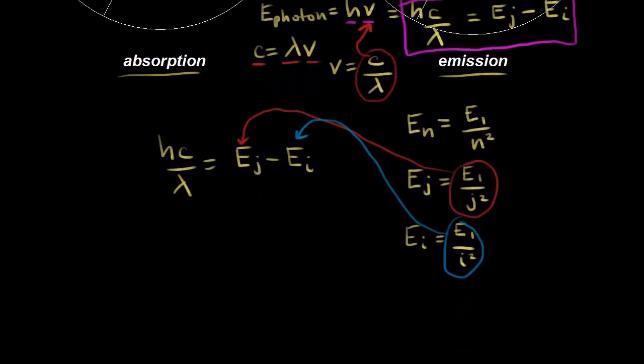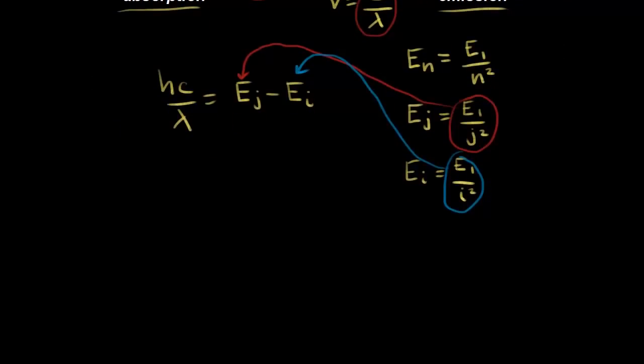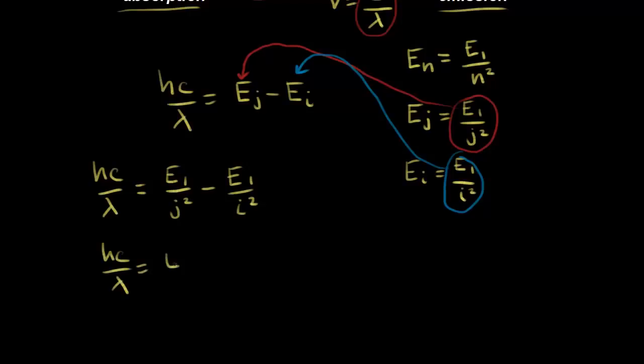So let's once again get some more room and let's write what we have so far. We have hc over lambda is equal to Ej was E1 over j squared, and Ei was E1 over i squared. We could pull out an E1 on the right, so we have hc over lambda is equal to E1 times 1 over j squared minus 1 over i squared.